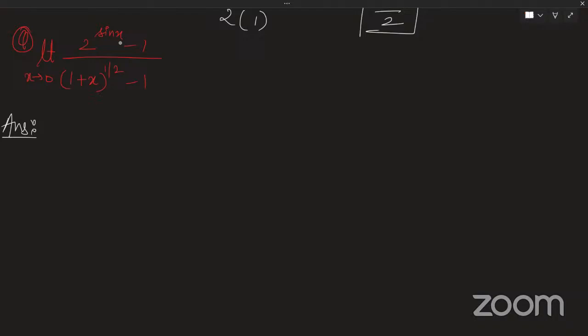Now let us see how we can do it. So which form is this? Indeterminate 0 by 0 form.